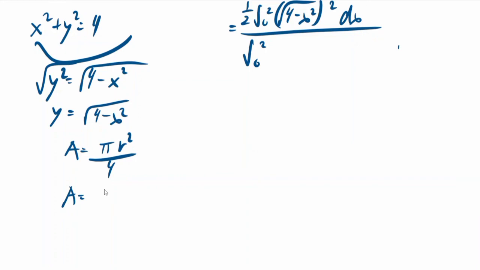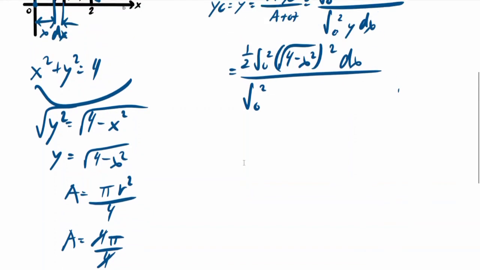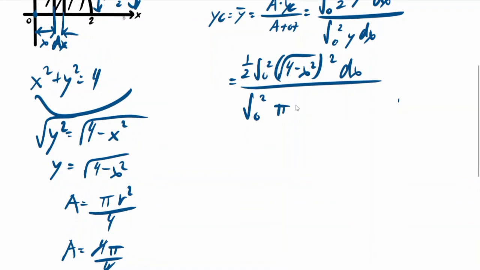So 4 pi over 4, cancel out both 4. A is equals to pi, so we'll have pi dx.